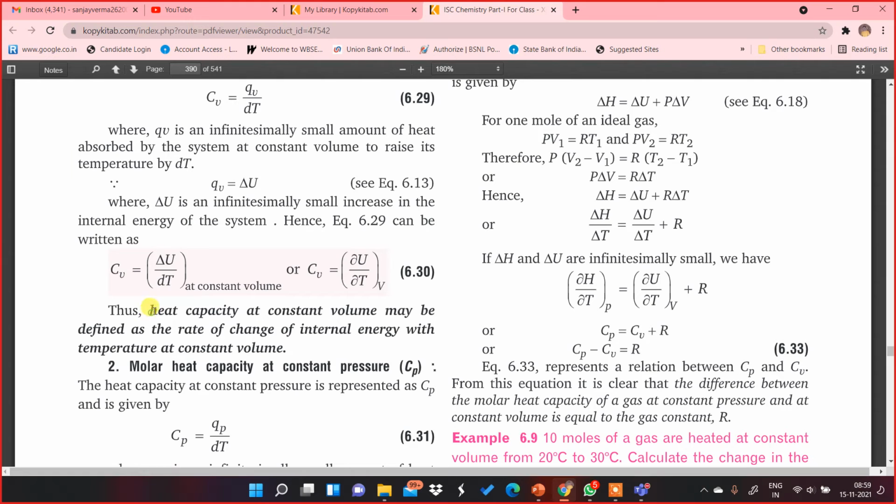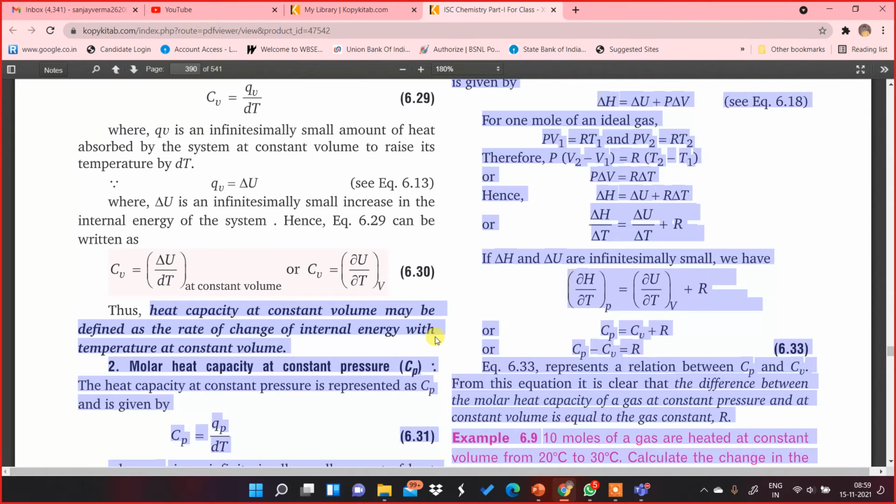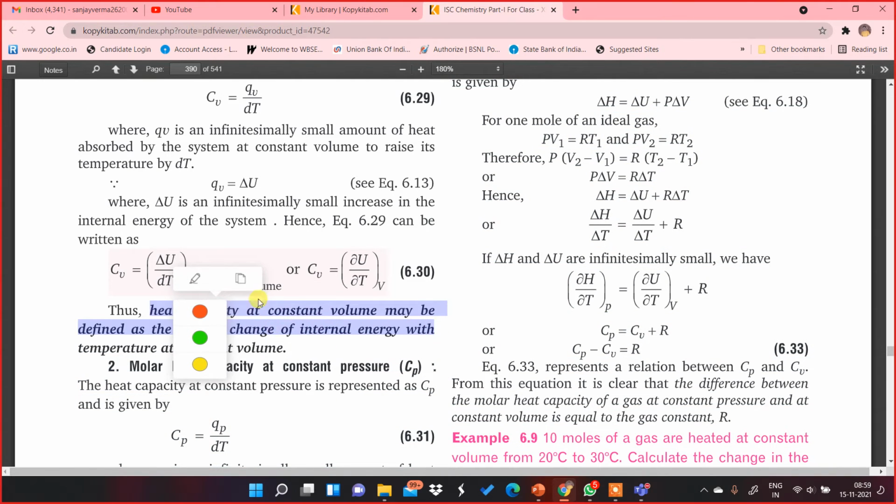This is one important definition to remember. Please better learn it: internal energy is changing with respect to temperature, and it is happening at constant volume.